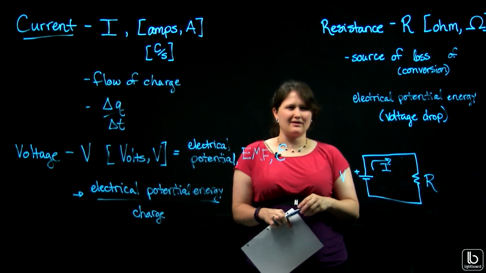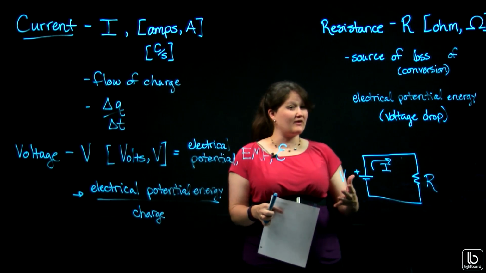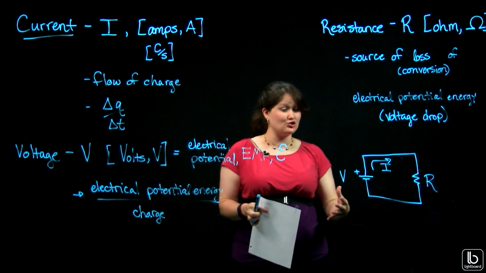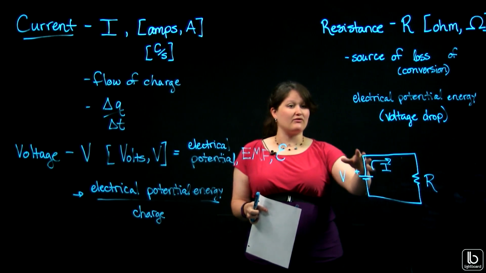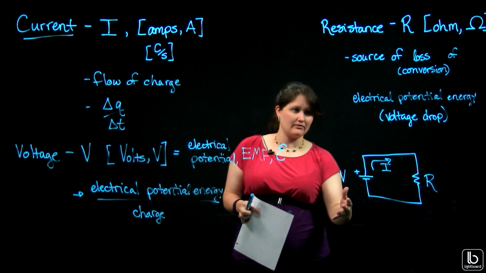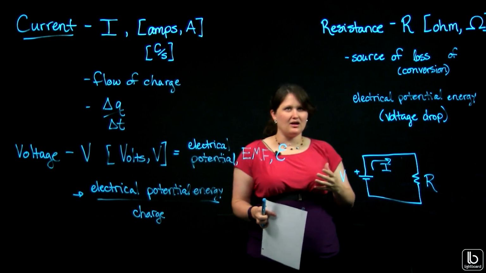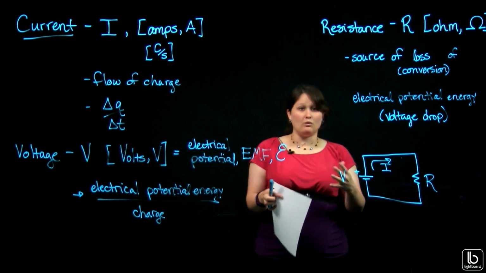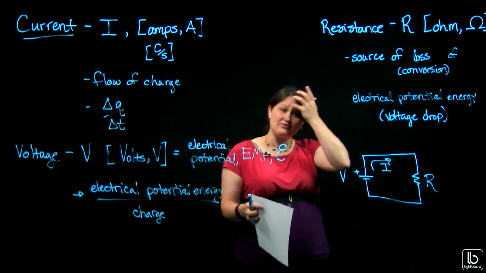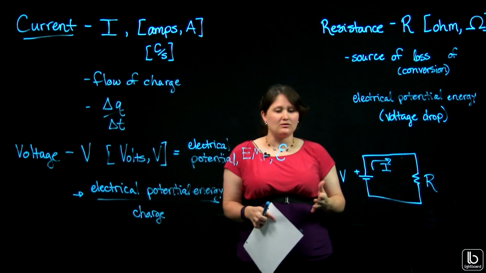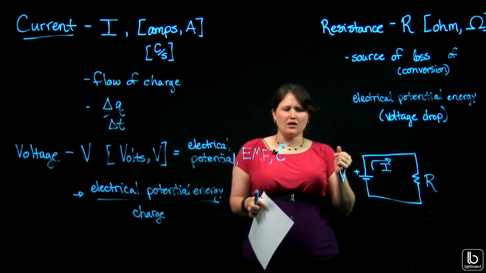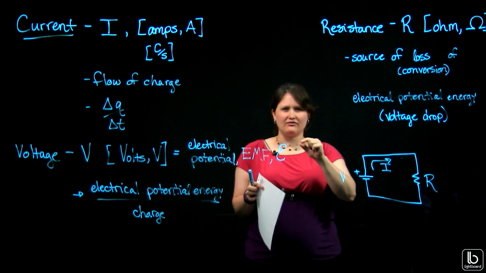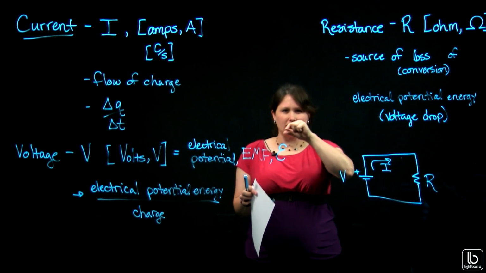And something else that we need to clarify in terms of the flow of charge, we define current as flowing from positive to negative. But in reality, think about what current usually flows through. It flows through wire, right? So think about your copper wire. Is copper going to have the protons themselves moving through?